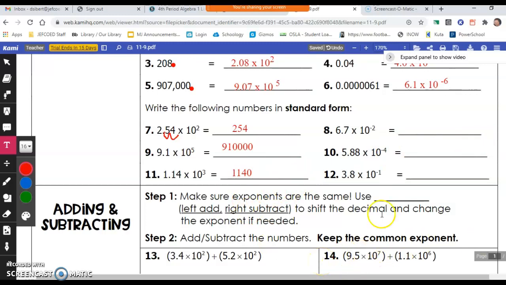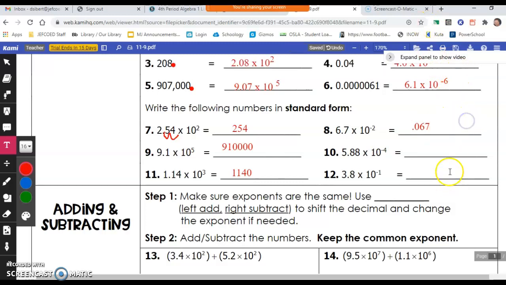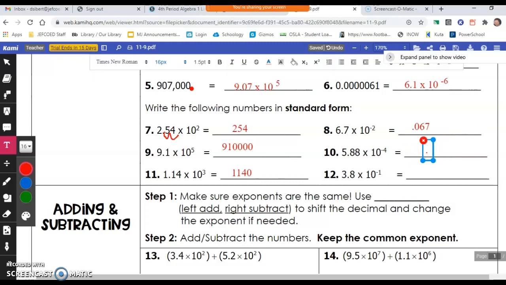All right, let's look at number 8. Now we're moving my decimal towards the negative direction. So this would be 2 places, so that's going to be decimal 0, and then 6 will be my other one, and then 7. Everybody agree there? All right, and then here we will have decimal.